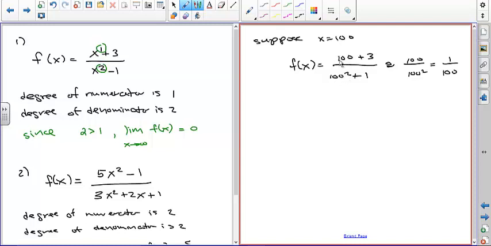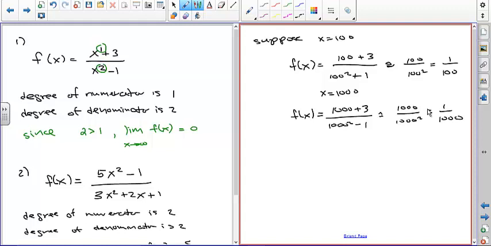And as this number x gets larger and larger, these terms are even more insignificant, and you end up with 1 over whatever number you started with. So if I chose x equals 1,000, f of x would be equal to 1,000 plus 3 over 1,000 squared minus 1, which is approximately 1,000 divided by 1,000 squared, which is 1/1000th.